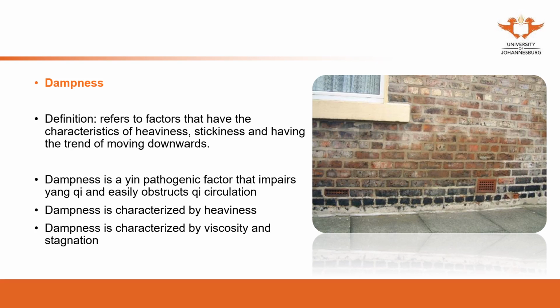It also happens in late summer to early autumn. But dampness has no heat. Summer heat is the combination of dampness and heat, although they happen in the same seasons. In this period, it still rains a lot.